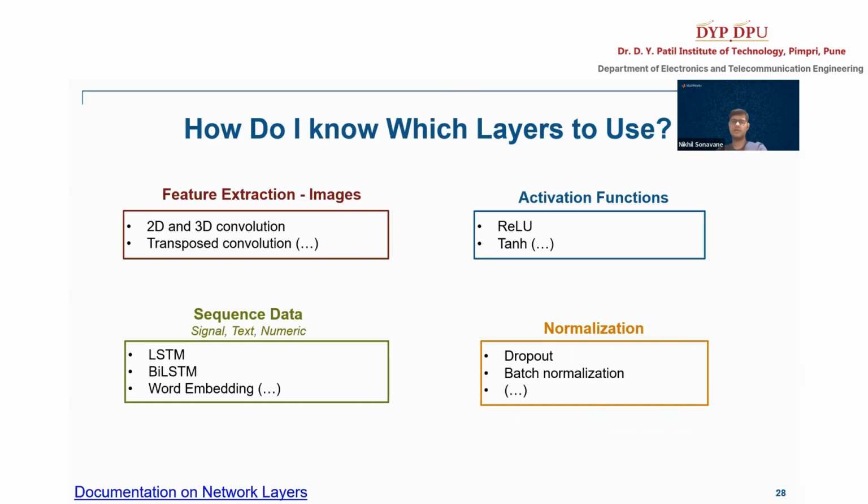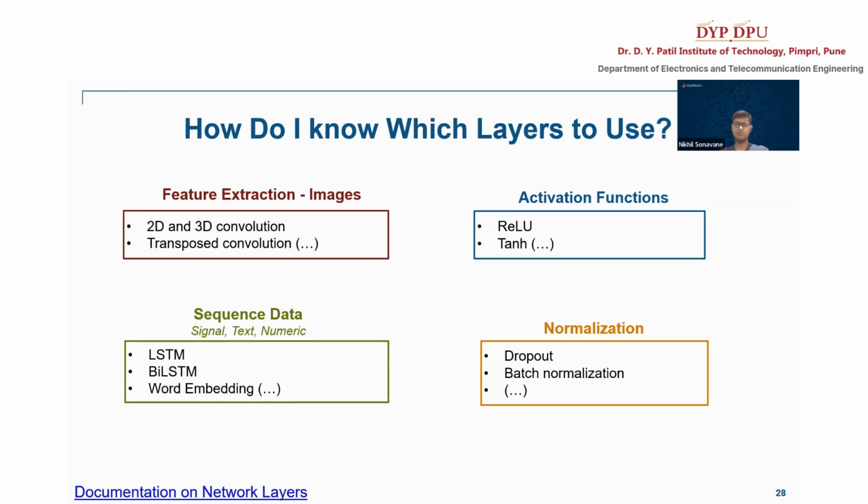And the next question you might have is, how do I know which layers to use? Because there are a lot of layers, right? So for feature extraction, with the existing research and experience, it can be said that majorly the convolutional layers can be used. And when you need activation functions, it can be ReLU layers or TANH layers and something like that. And when you have sequence data like signal, text, or numeric, then LSTMs, bi-LSTMs, and other things can be used.